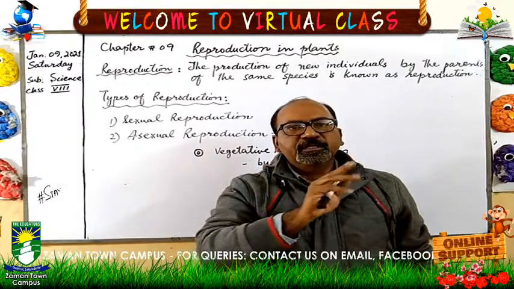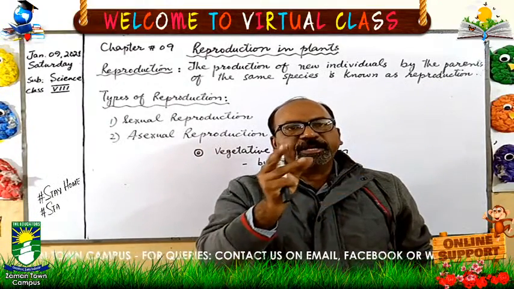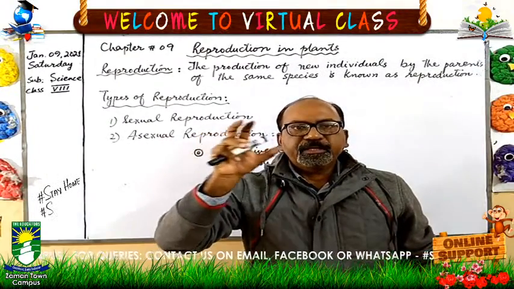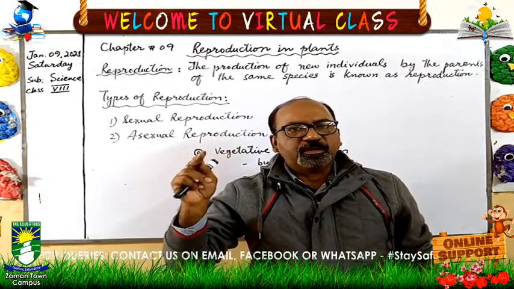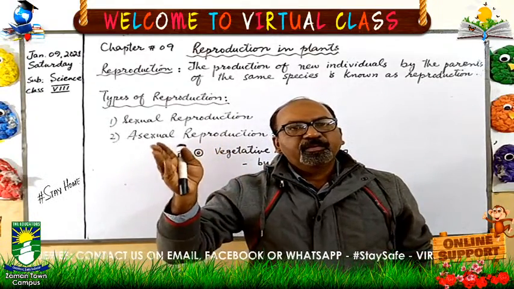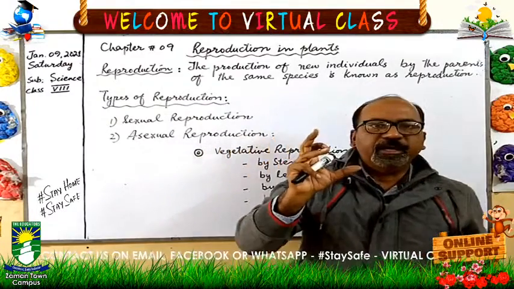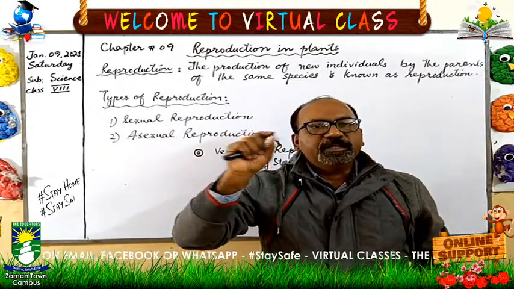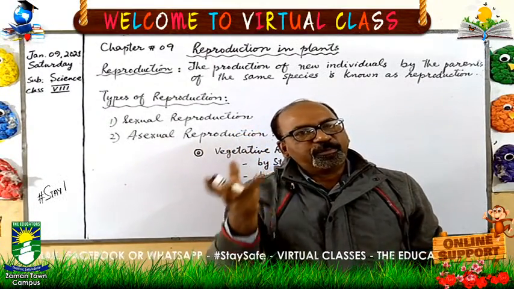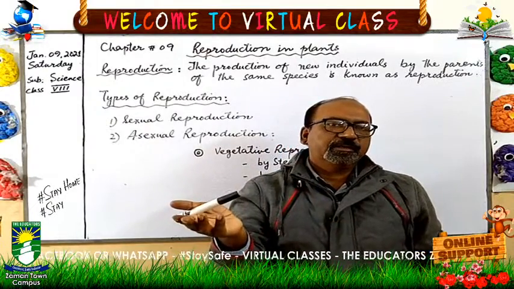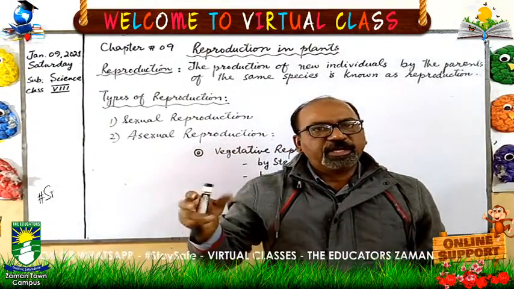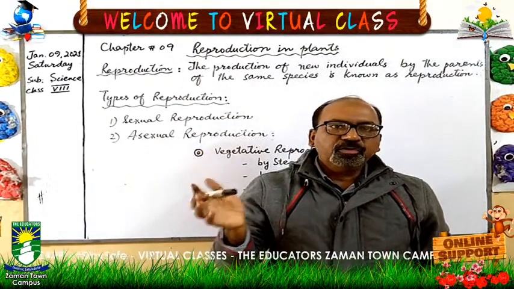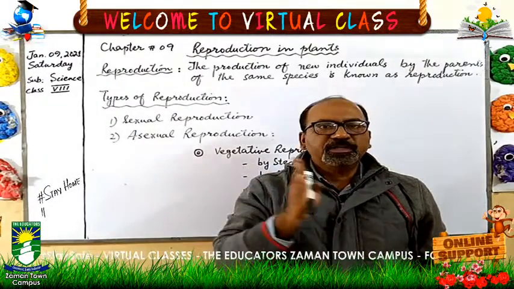From the male part, pollen grains transfer to the female part, and after the fusion of the pollen grains with the ovum present in the female part, they produce seeds, and from these seeds new young ones are produced. When we grow these seeds in the soil, new plants like the parent plants arise from the earth. So this is called sexual reproduction.